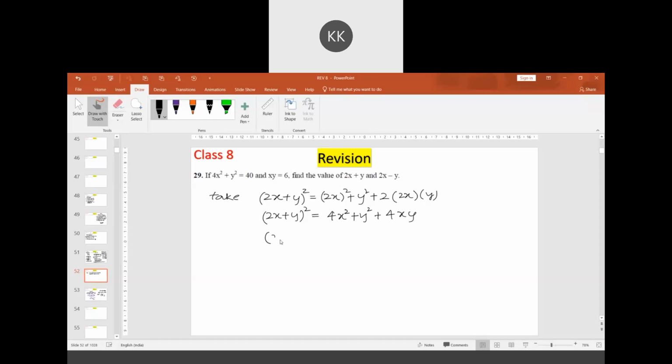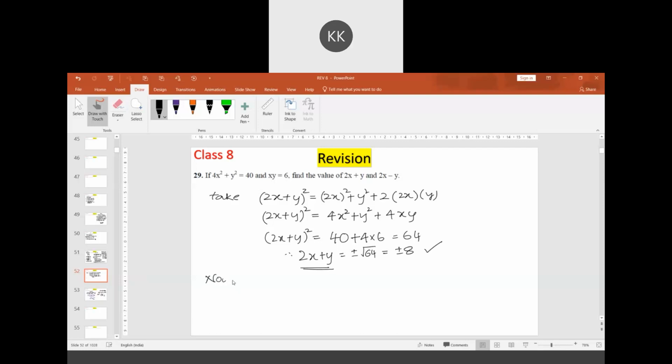Instead of 4x square plus y square, let us substitute 40 plus 4 times 6. Now we got 64. Therefore, 2x plus y will be equal to plus or minus root of 64, which is plus or minus 8.